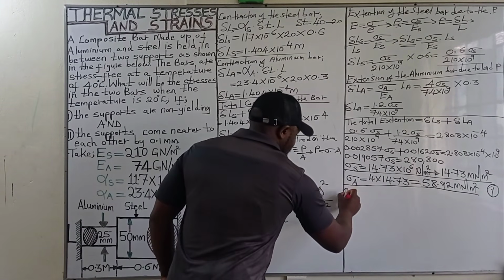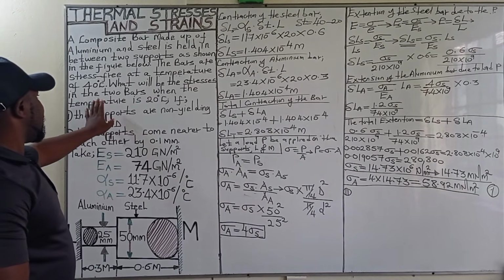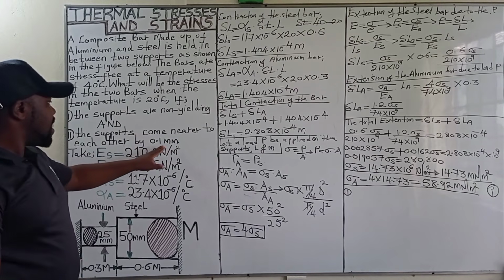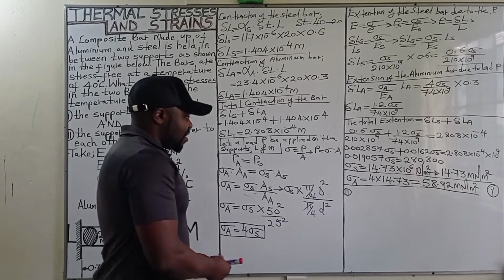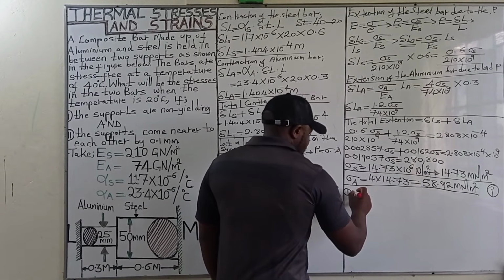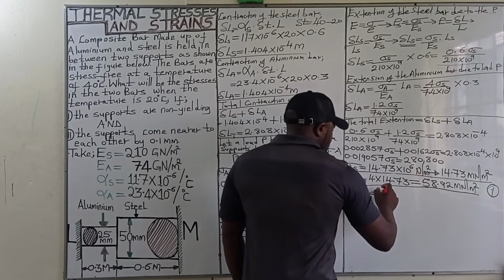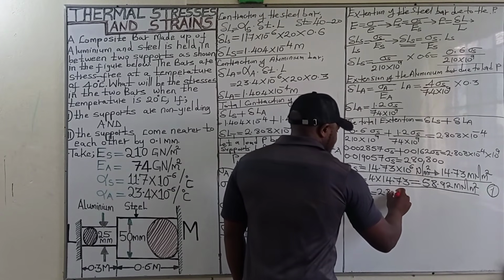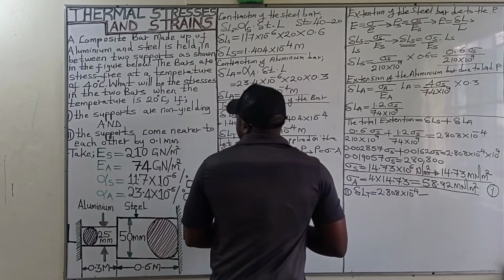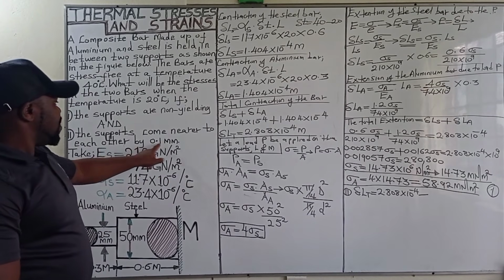Part 2 of the question is asking us to determine the stresses in the two bars when the supports come nearer each other by 0.1 millimeters. So we are going to have a different total extension. The total extension will now be given by 2.808 times 10 raised to the power of negative 4 minus, they come closer to each other by 0.1 millimeters.